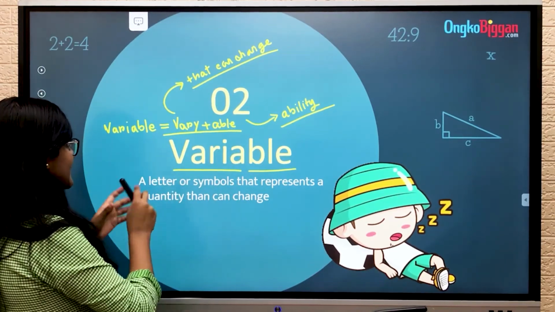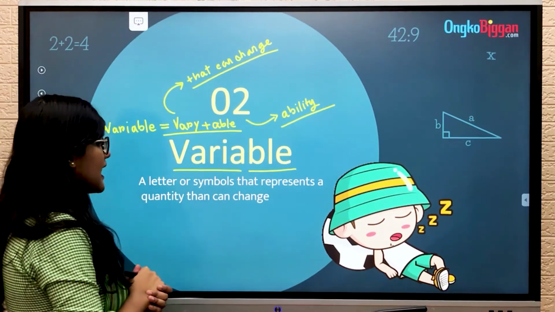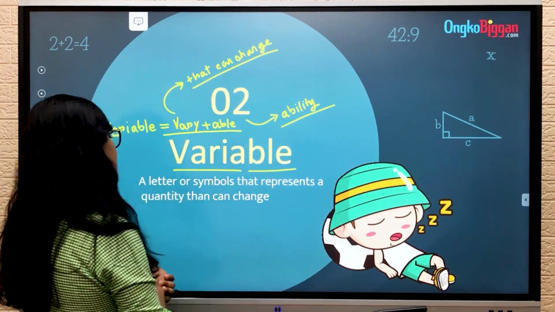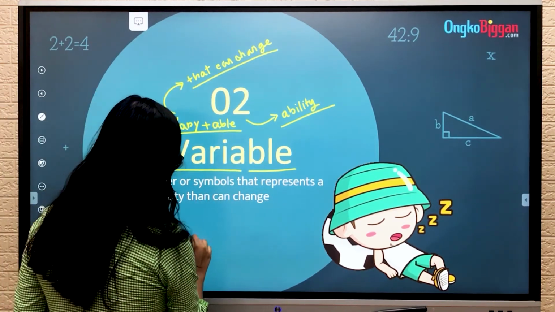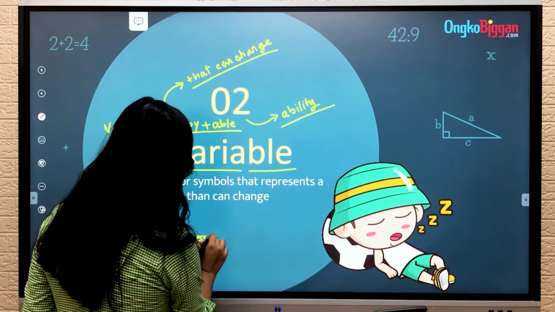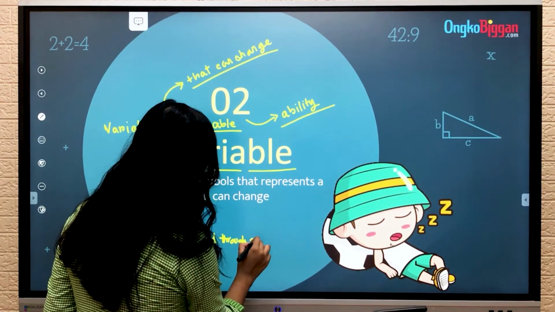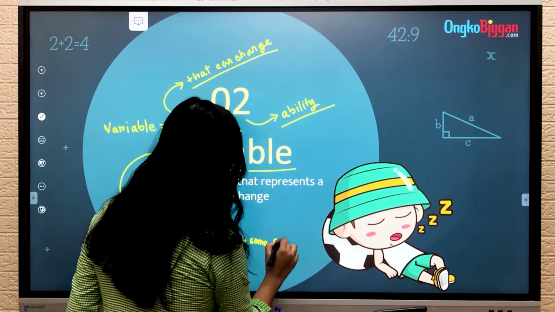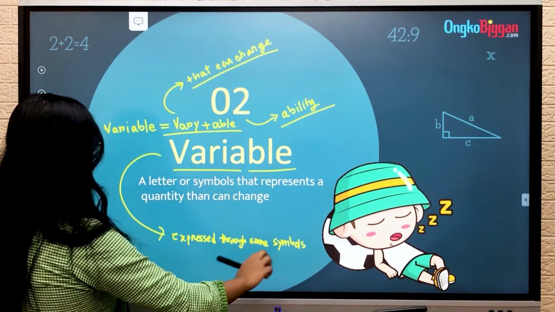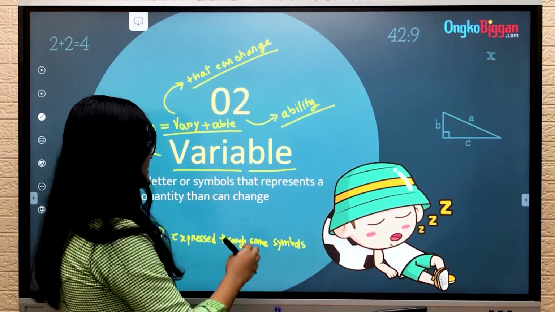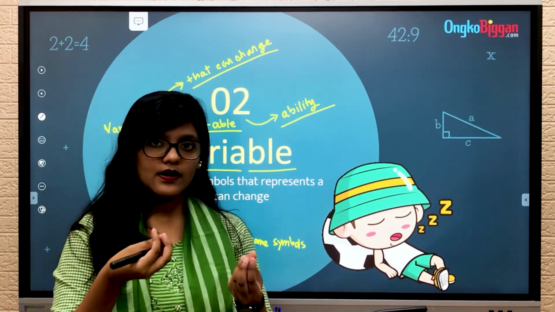But if we just go through the definition, we can see a letter or symbol that represents a quantity that can change. That means variable is expressed through symbols, and that represents a quantity. That means it has a specific value.